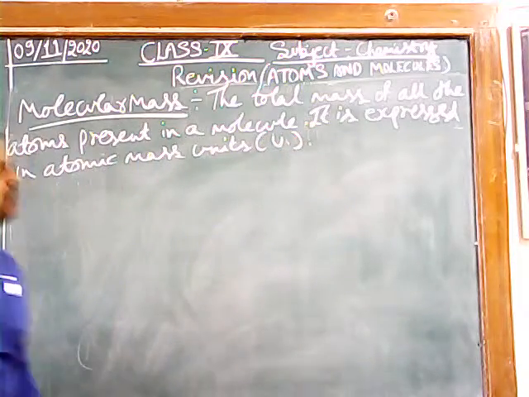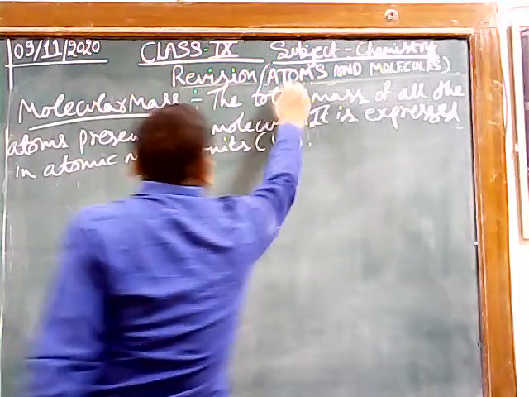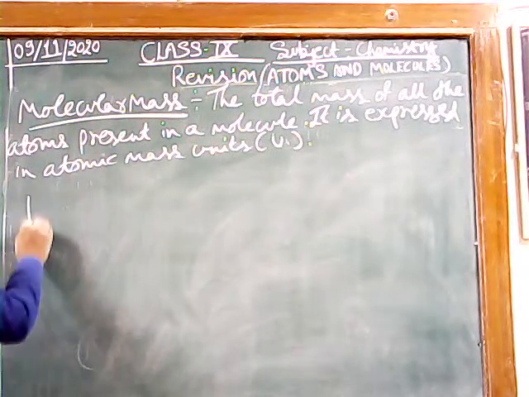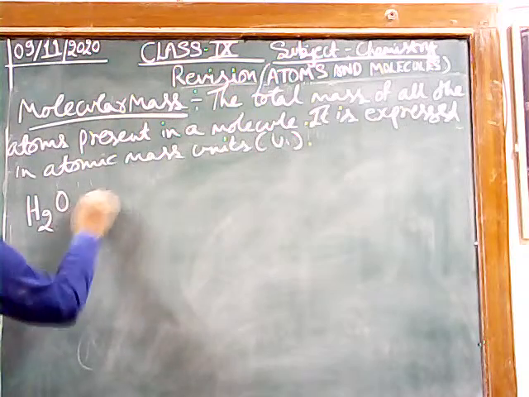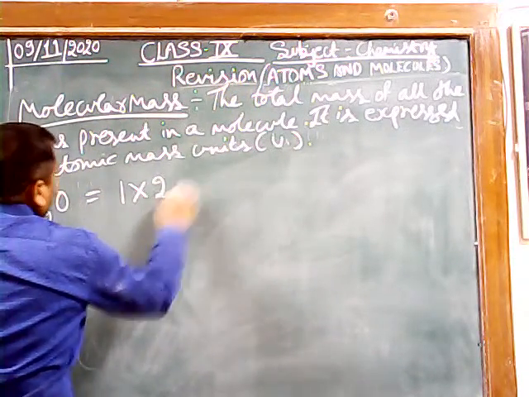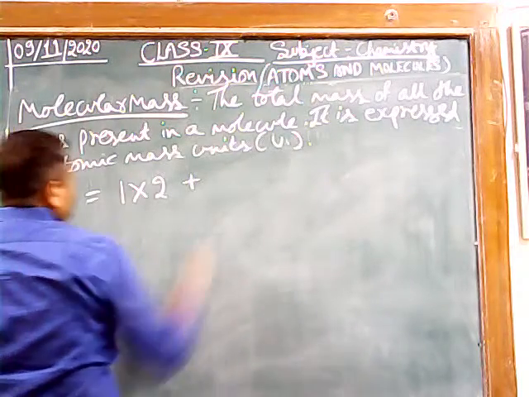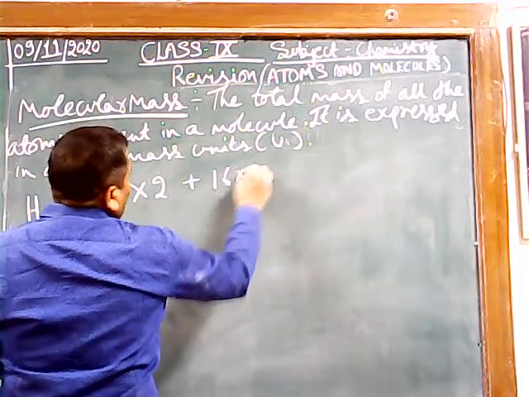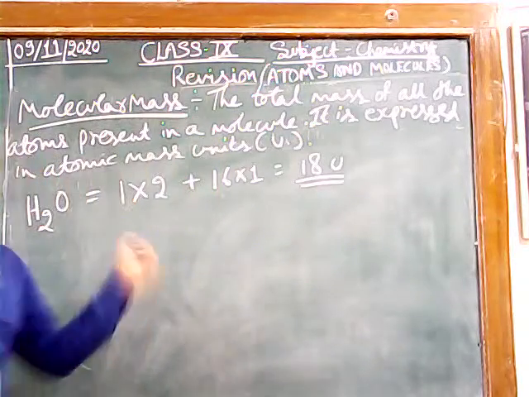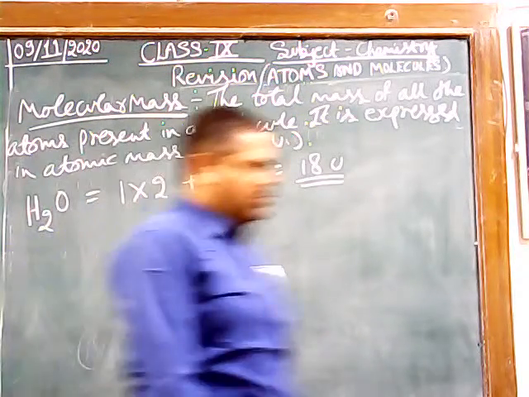Okay. So for example, water. Atomic mass of hydrogen is 1 into 2 plus atomic mass of oxygen is 16 into 1 is equal to 18. So this is all about the molecular mass.